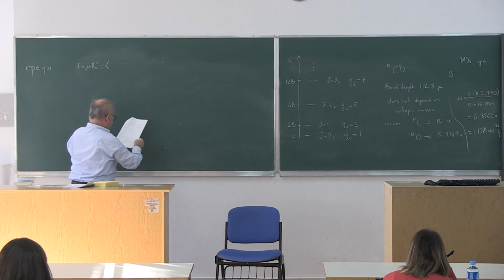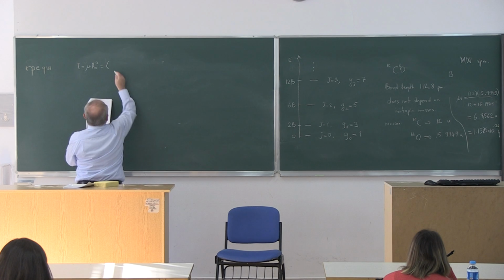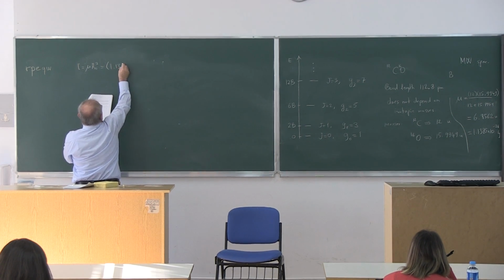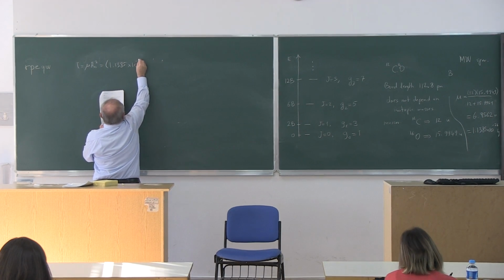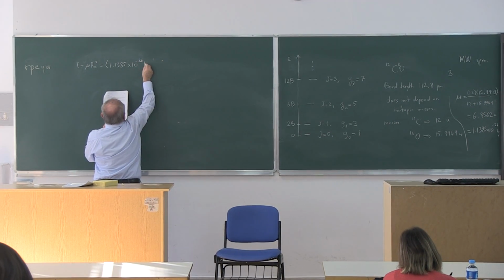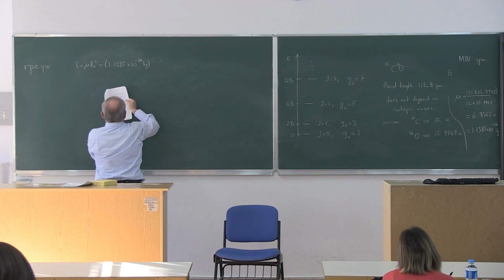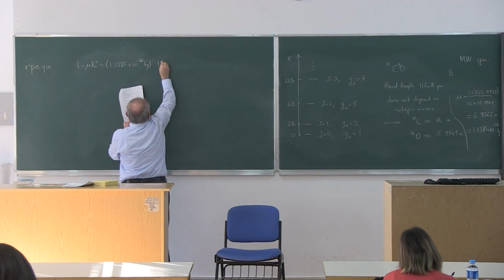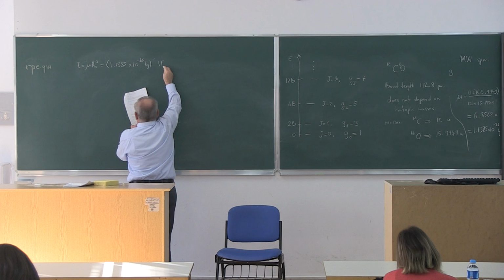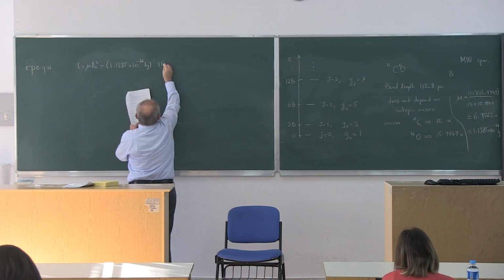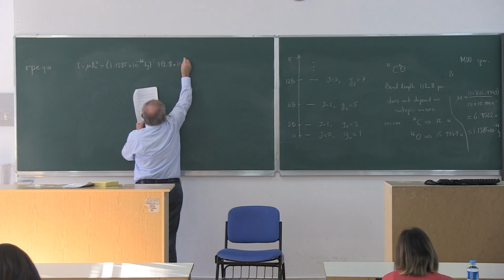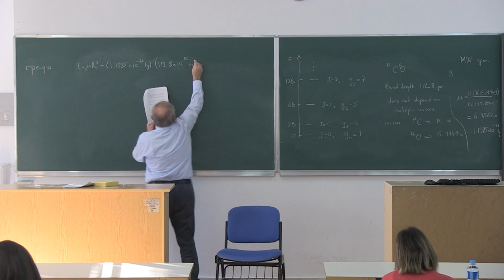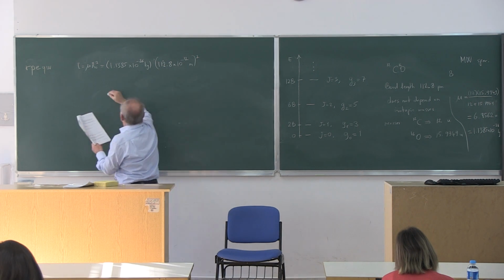Reduced mass is given over there, times 112.8 picometers, which is 10 to the minus 12 meter, squared.